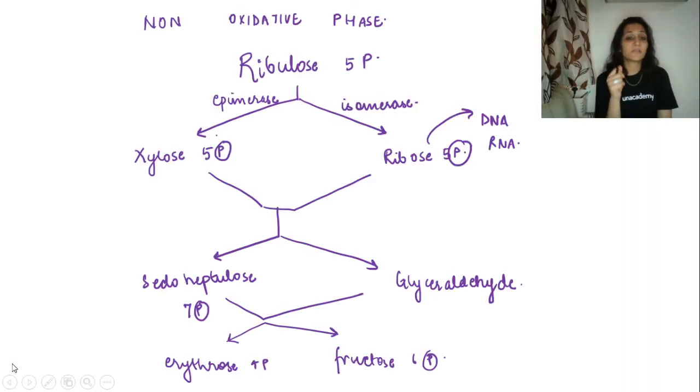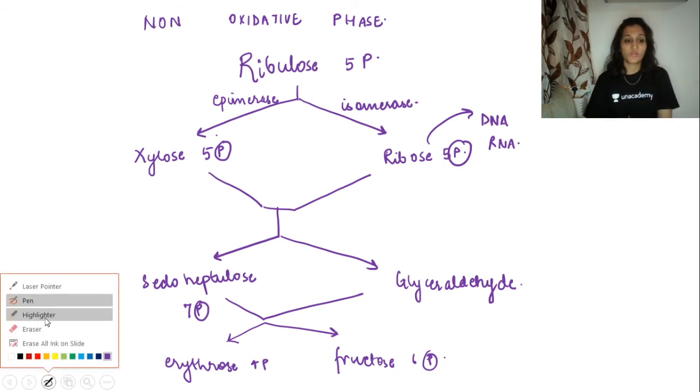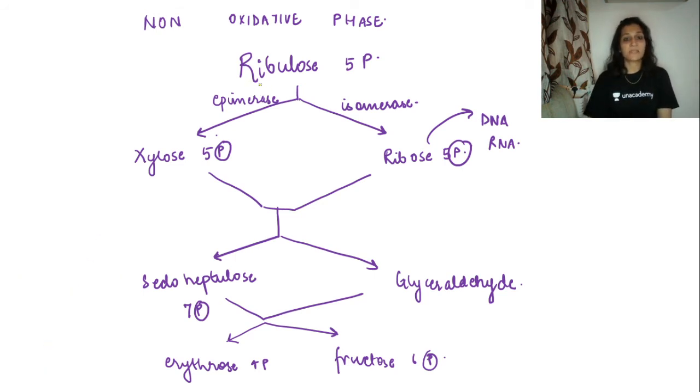Now as I told you, there are 6 glucose molecules which are participating in this. So let us write how much ribulose 5-phosphate will be produced: 6 ribulose 5-phosphate. How many xylulose will be there? There will be 2 xylulose and 2 ribose and more xylulose, and from this there will be formation of 2 sedoheptulose and 2 glyceraldehyde molecules, and there will be formation of 2 erythrose and fructose.